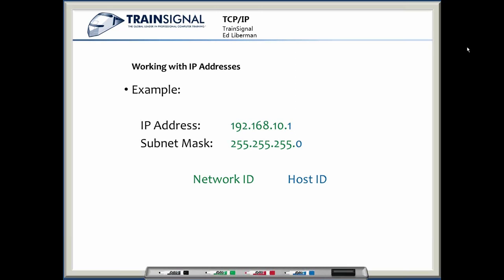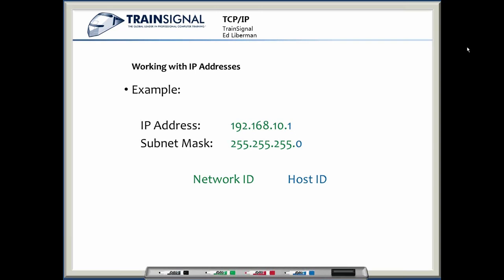Just that .1 at the end, that's the host ID. So what that's saying is, in this example, if this computer had this IP address and subnet mask, that 192.168.10 is the network that that computer lives on, and 1 is the identifier on that network.